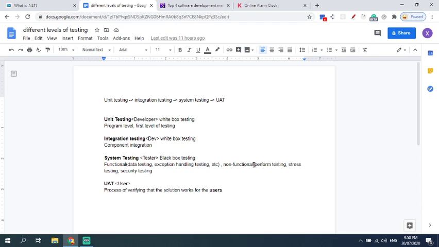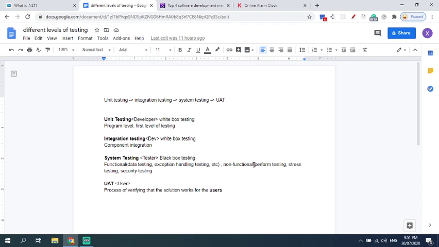And the third level of testing is system testing. System testing is not implemented by developers at this level. It is implemented by testers. Testers don't have the specific code of the software.